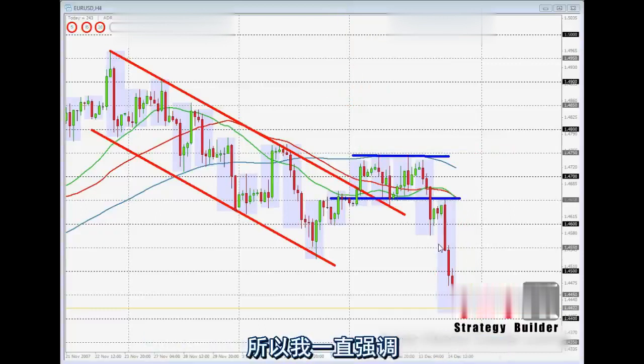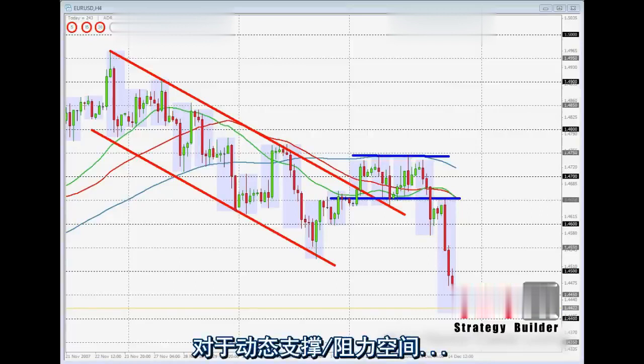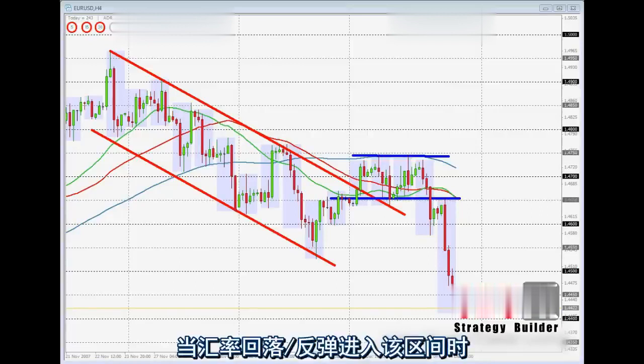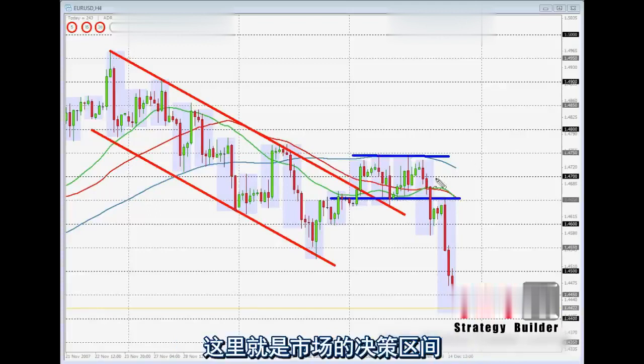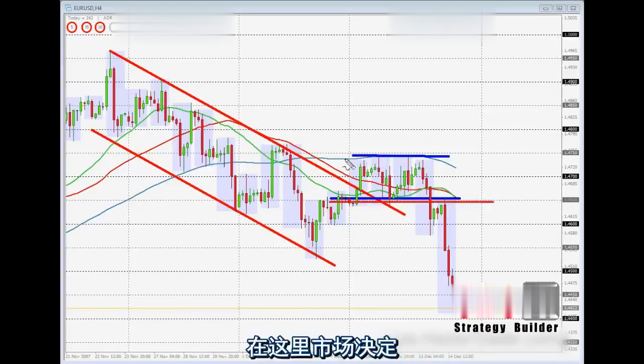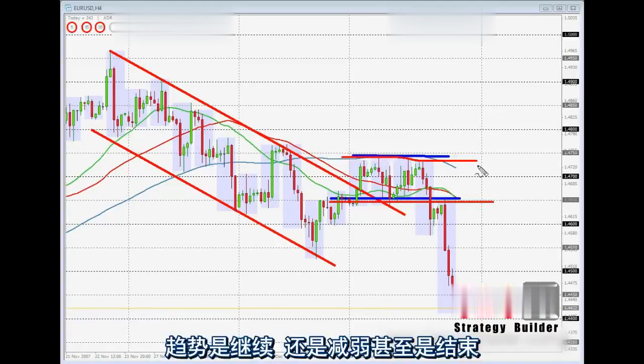That's why I always say that the dynamic area of support and resistance, once price in a trending scenario retraces back to the moving averages, is a decision-taking area, and from that the market is to determine whether the trend will continue or whether the trend will weaken significantly.